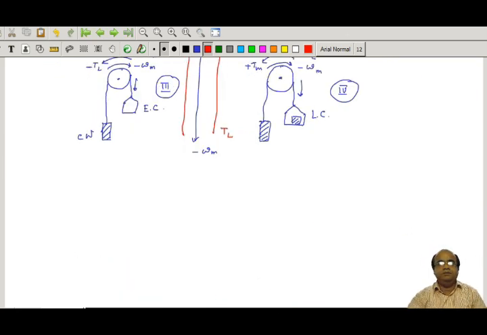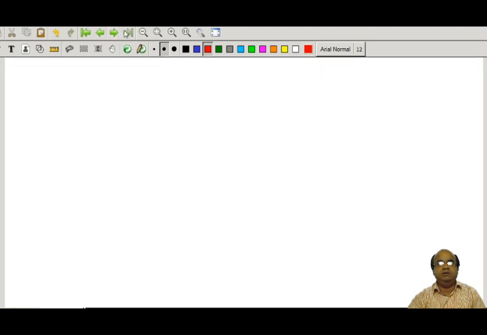Now coming to the next one, the calculation of inertia. That is, equivalent values of drive parameters.